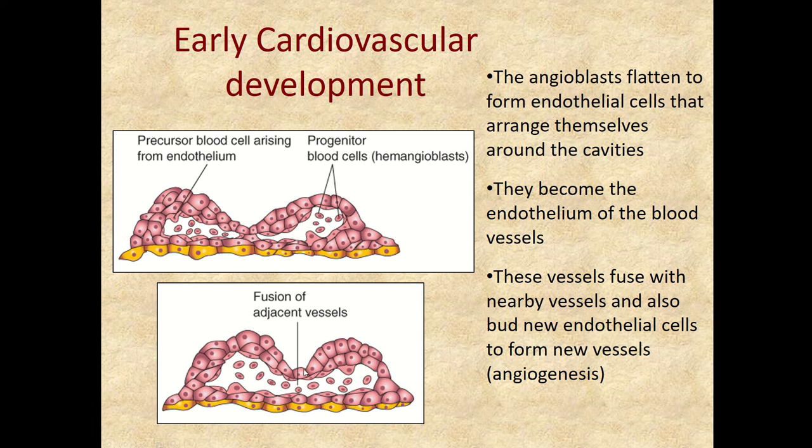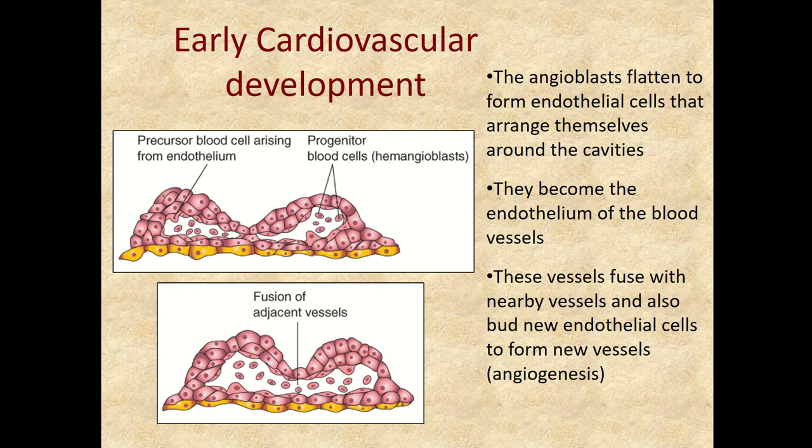These endothelial cells are easy to get confused. I want to point out that these blood cells and blood vessels are forming from mesoderm. Endothelial cells come from mesoderm, and it's really easy later on to think endothelial cells come from endoderm. That's an easy mistake that is made.